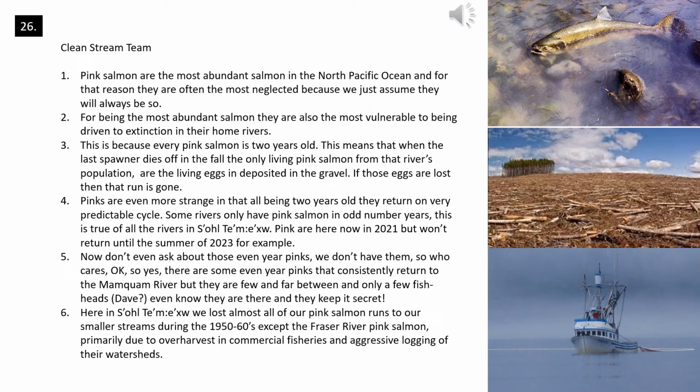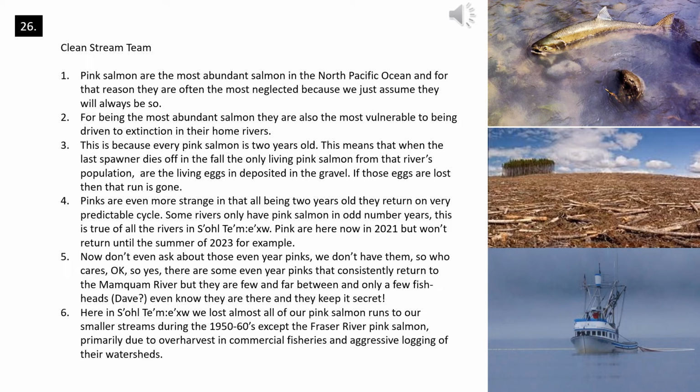What it means is when a fish spawns, its progeny will come back in multiple years. So if there's a bad year in the ocean, or a bad year in the river, there's another group of fish that will fill in that bad year from another spawn year. Pink salmon, that's not the case.